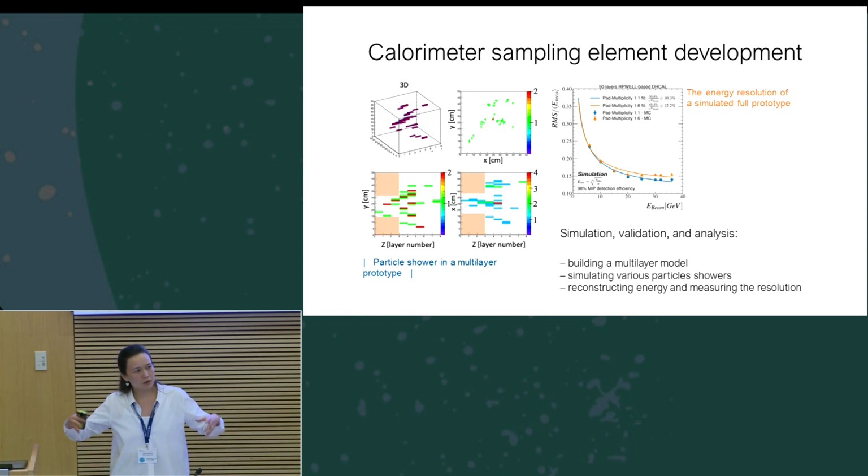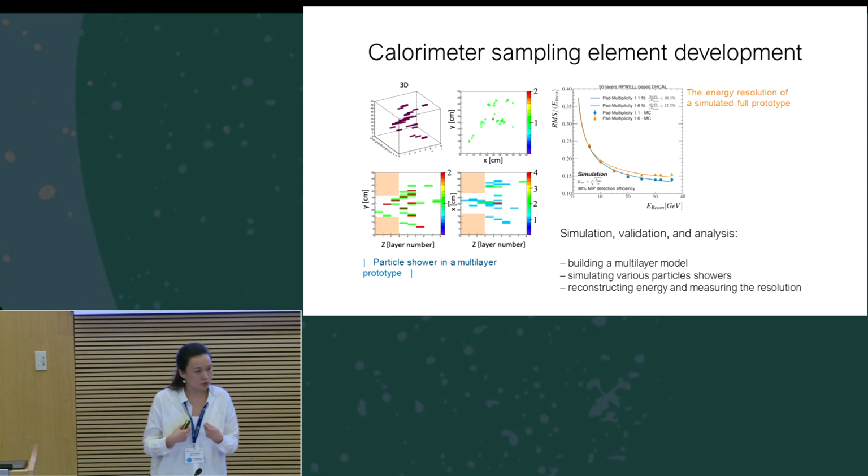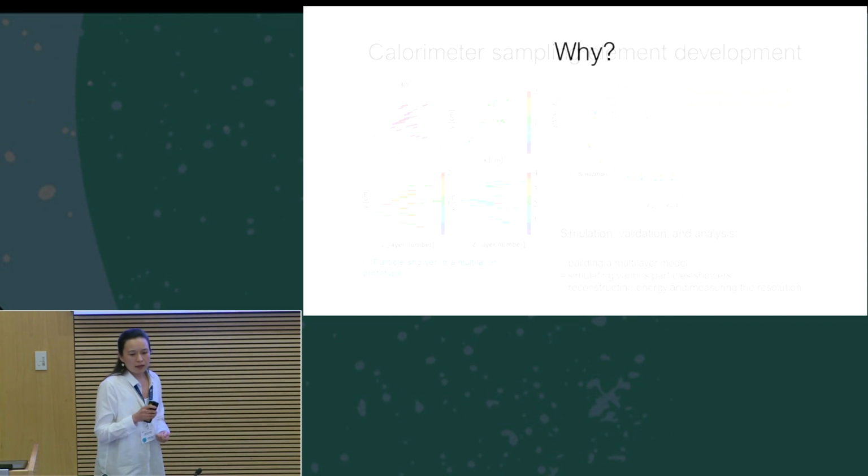Then, using the simulated data, we can measure the energy and estimate what resolution we have, so how good we can be for a future collider experiment. So that's very briefly, very simplified, about my research.